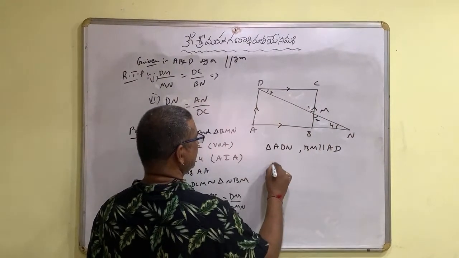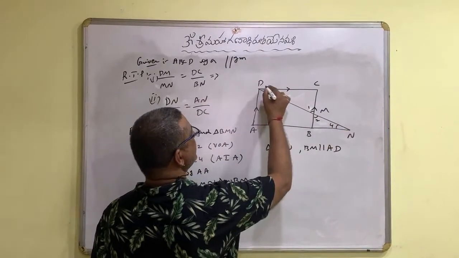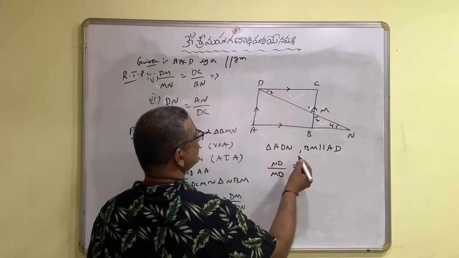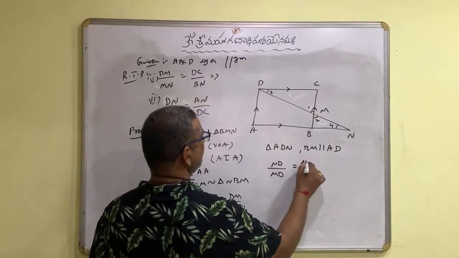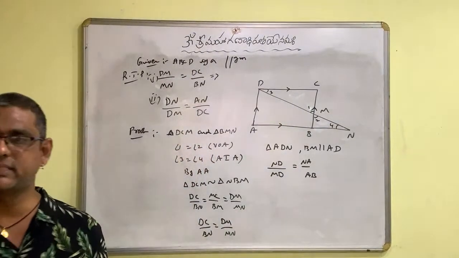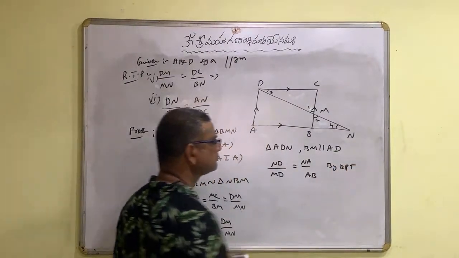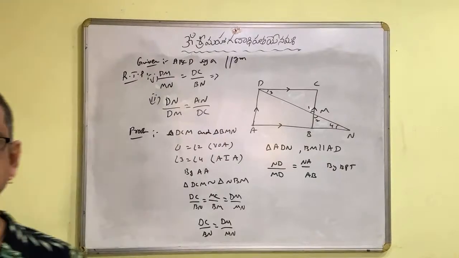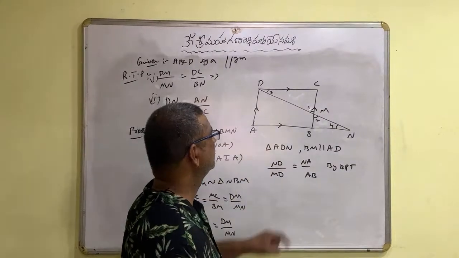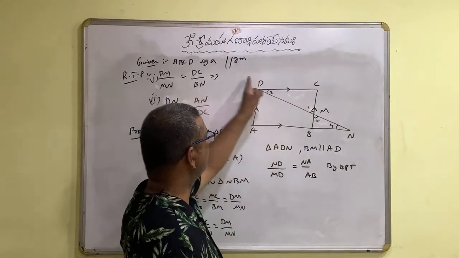ND by MD equals NA by BA, by basic proportionality theorem.